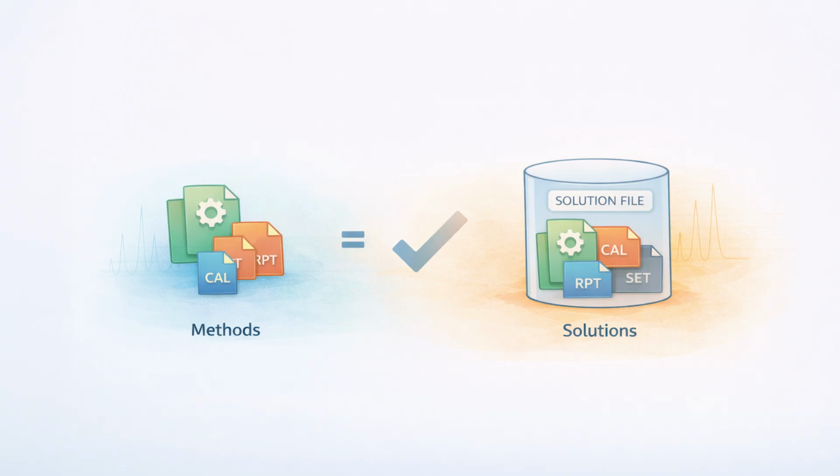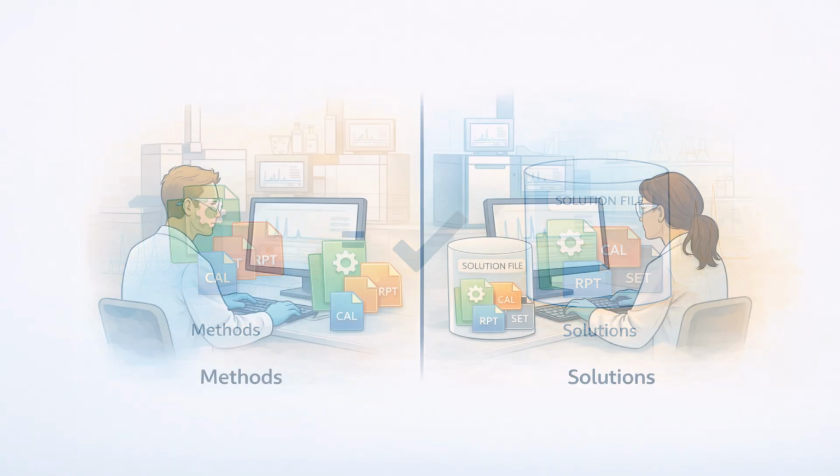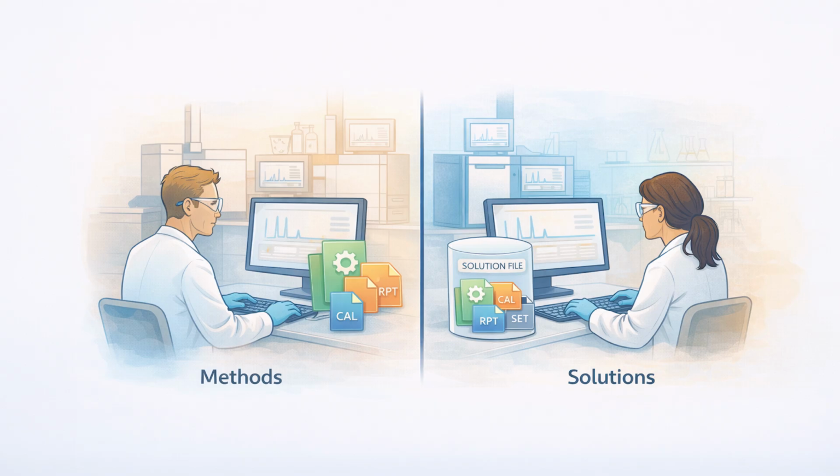A common question at this point is, do I have to choose one or the other? The answer is no. Chromperfect supports both method files and solution files. You can use whichever approach best fits a particular workflow. Some laboratories standardize on one model for consistency. Others use both depending on the application.